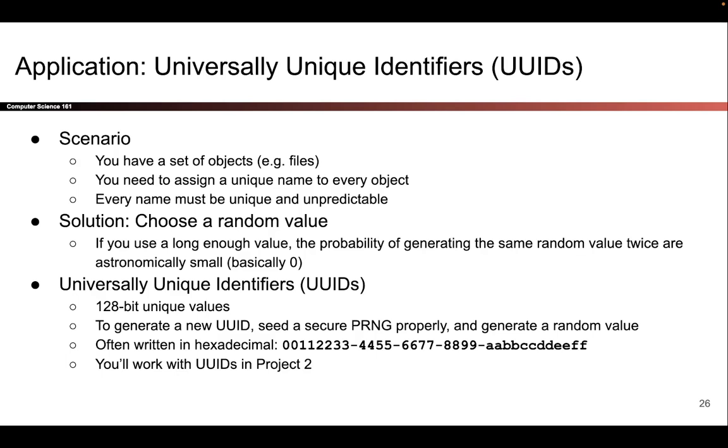So it's kind of cool that using randomness, we can get unique identifiers for all these different objects, and that's what UUIDs are. And you can actually implement this using PRNGs, and this is something you can use in Project 2 to give unique IDs to different things that you might want to define in the project. So that's an example of a different application of randomness that might be useful.